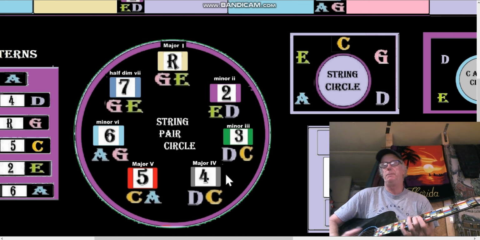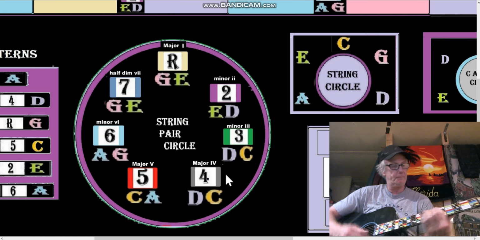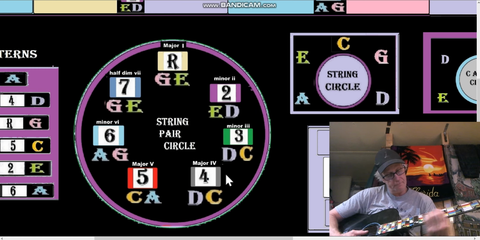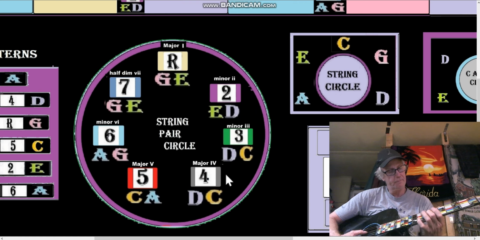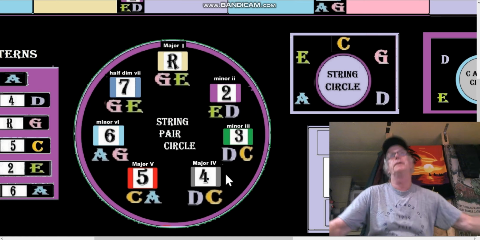Okay, if you wanted to make that G the 2nd of F, then you know the second's going to be what? The ED shape. So you'd have that, and that would be in the key of F there.